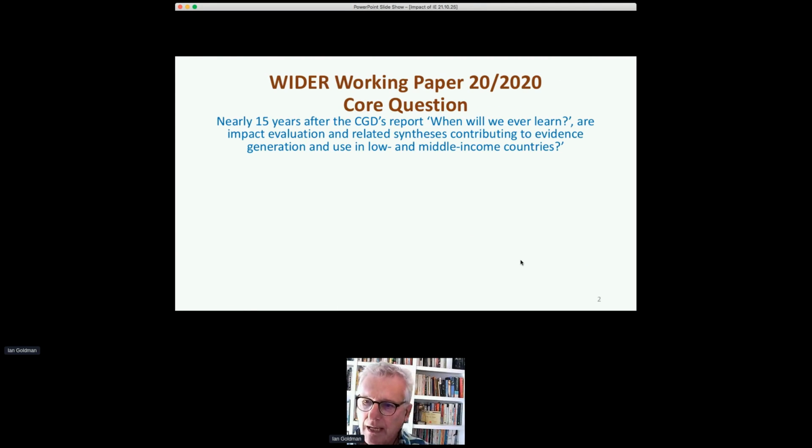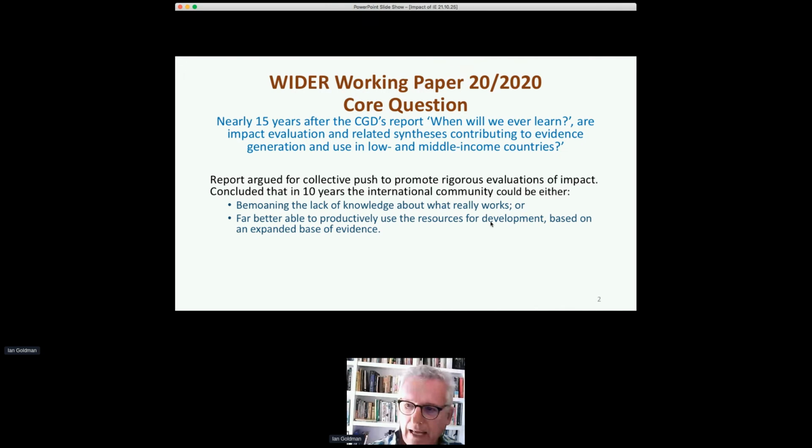And the core question we had was, nearly 15 years after the Centre for Global Development's report, When Will We Ever Learn?, are impact evaluations and the syntheses contributing to evidence generation and use? And the report had argued for a collective push to promote this.